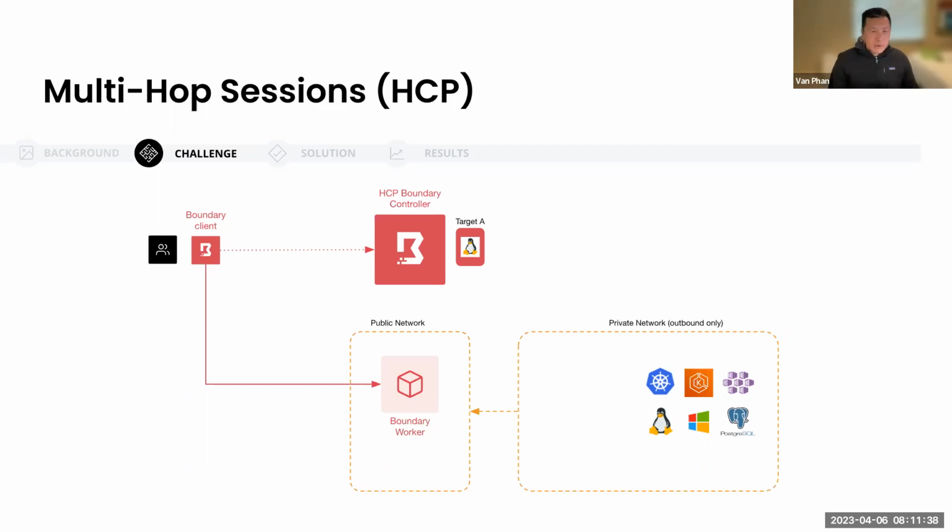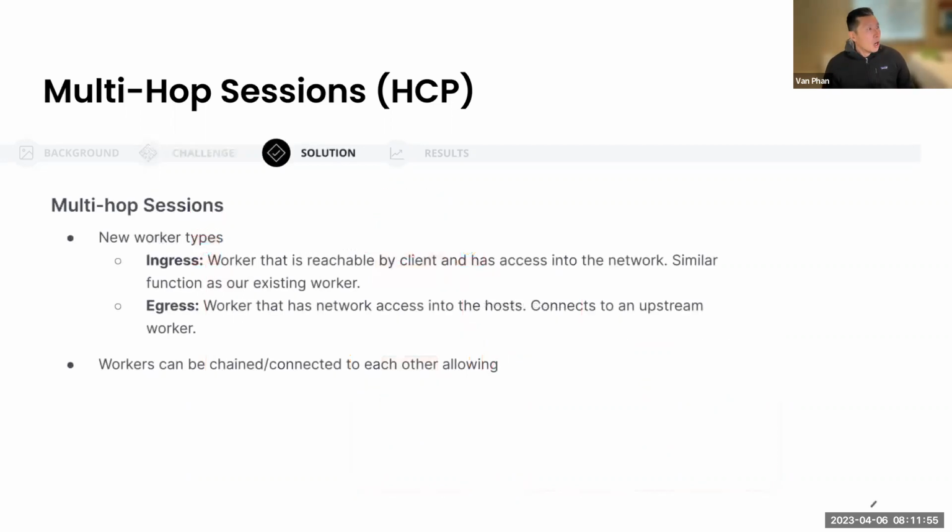So there's lots of diverse topologies out there. And so in this example, again, if it's outbound only, then there's no way for that Boundary worker to get into this private network to proxy that connection through to the end host or the end resource. So what do we do?